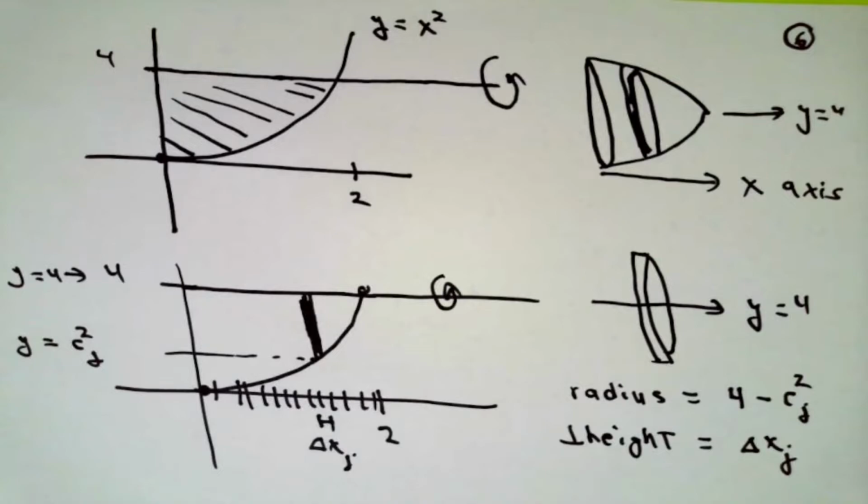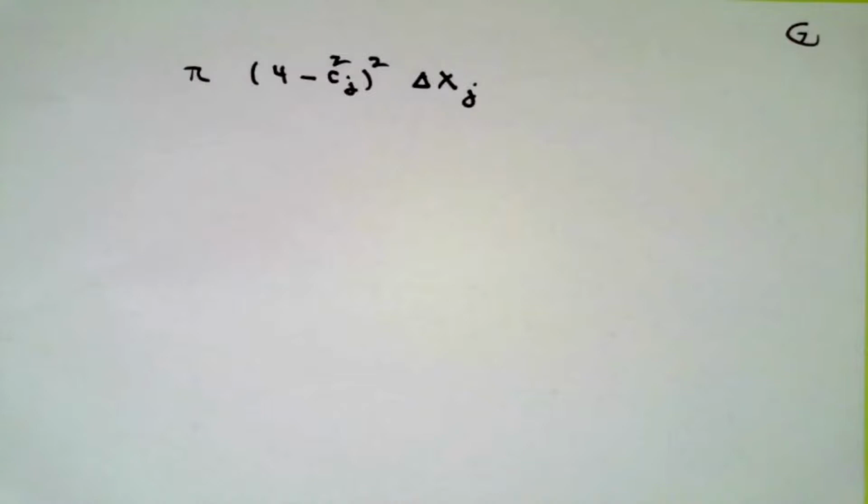The perpendicular height is delta x number j as before. I'm going to write down pi times radius squared times perpendicular height, just as we've done before. Then, as usual, we'll add up all the contributions and take the limit.